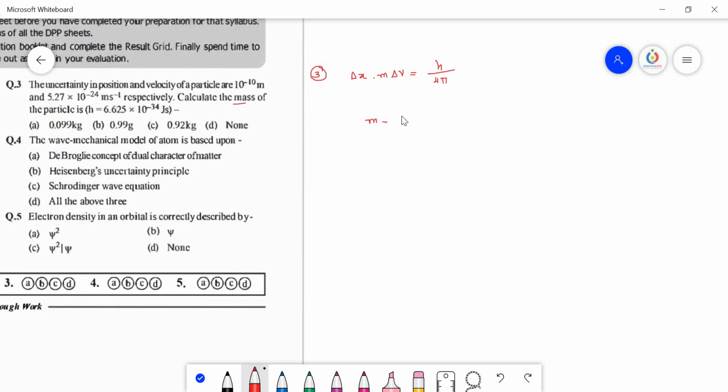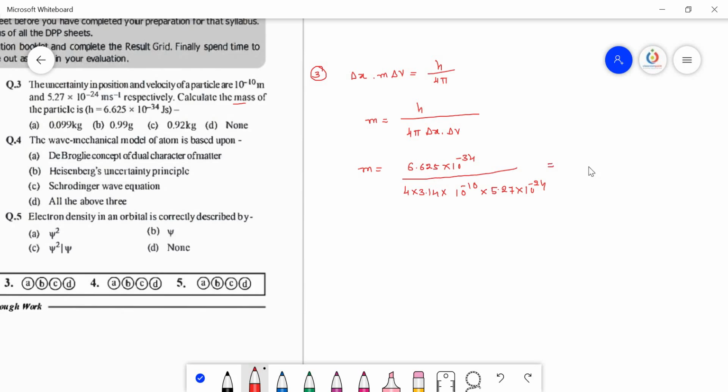So directly m equals h divided by 4 pi delta x into delta v. Let's substitute the given information here, that is 6.625 into 10 power minus 34 divided by 4 into 3.14 into delta x value 10 power minus 10 into, and the remaining uncertainty in velocity is 5.27 into 10 power minus 24.